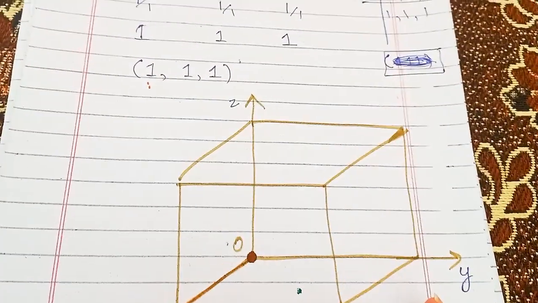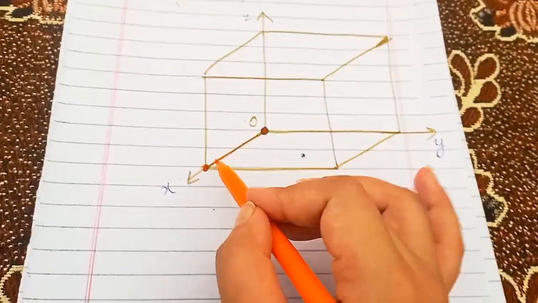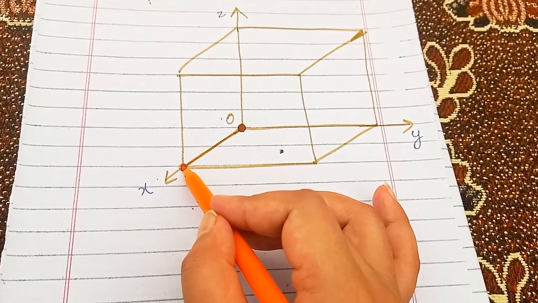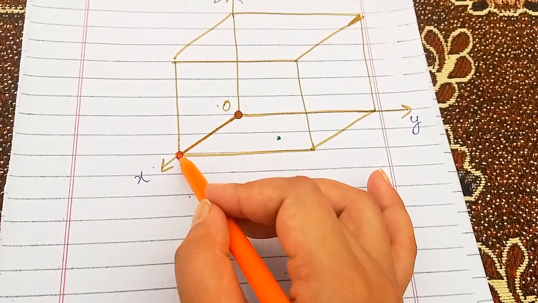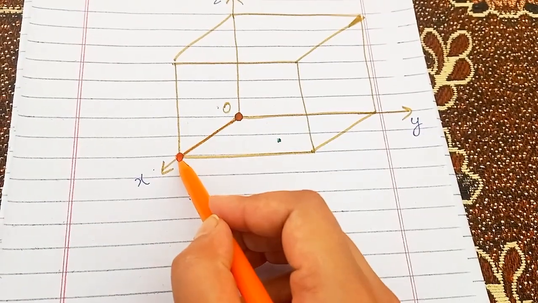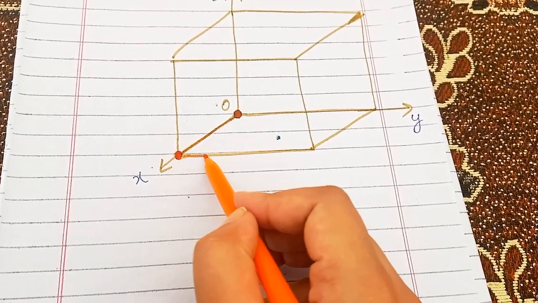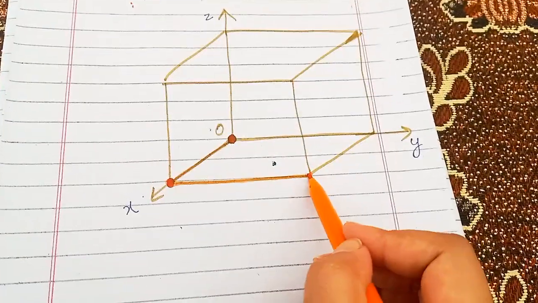Now from this point onwards, we need to move 1 unit along y direction, since the y coordinate is 1 again. So this is the y direction, parallel to the y axis. For directions, you will move onwards from the point you left. So this is 1 unit.